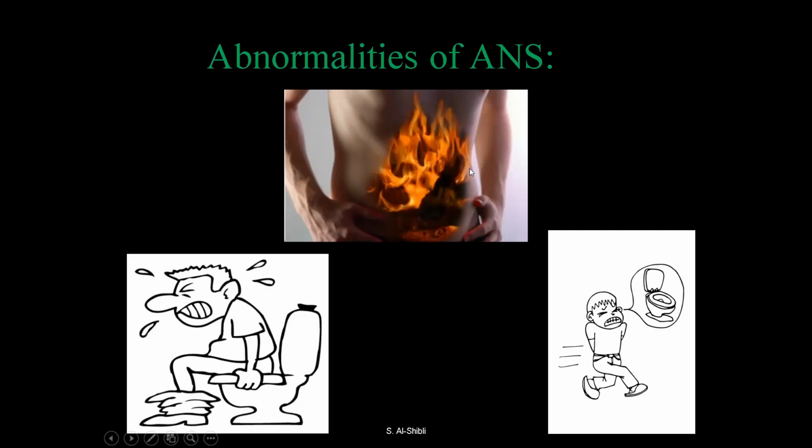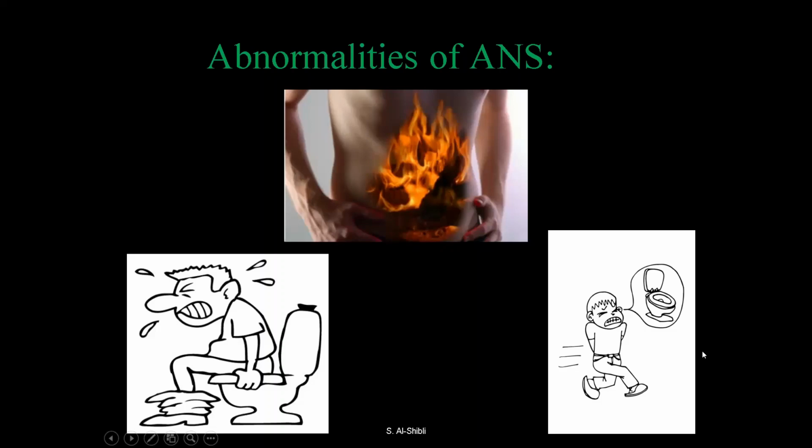Mainly it is a functional condition, usually said to be because of abnormality in the autonomic nervous system. It's a cramp in the abdomen relieved by diarrhea, and it comes whenever you have stress. And being a doctor is a risk factor, so all of us are vulnerable to have this.